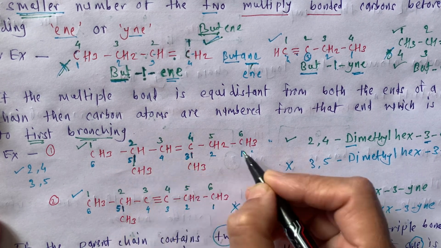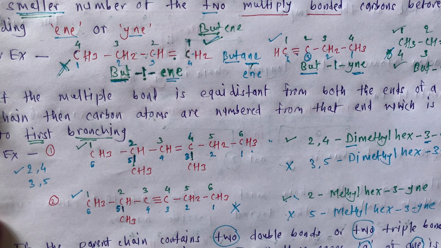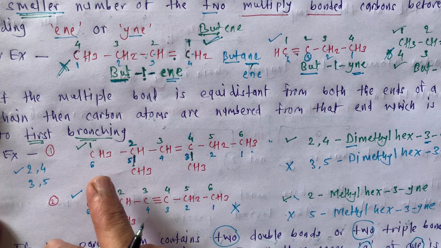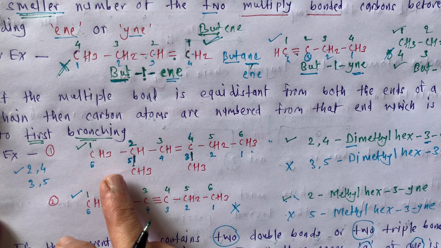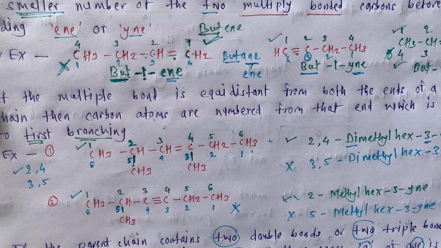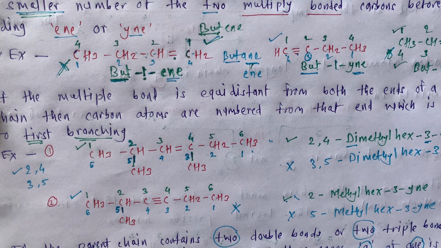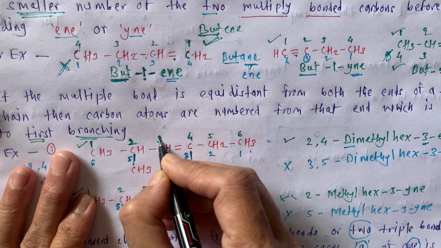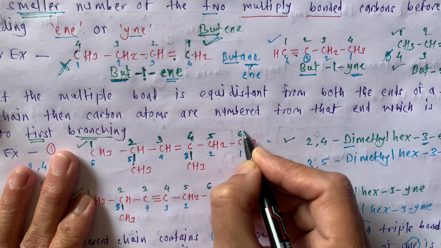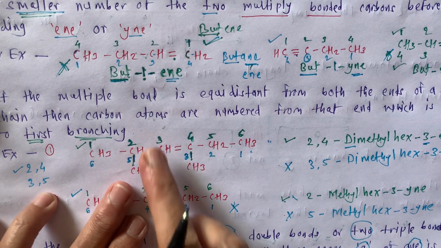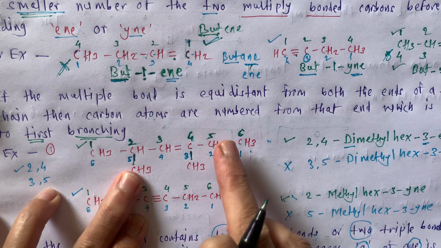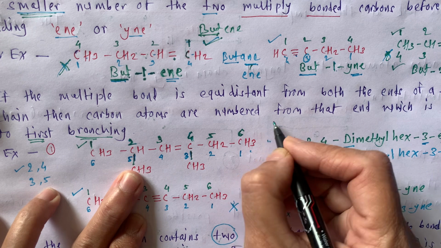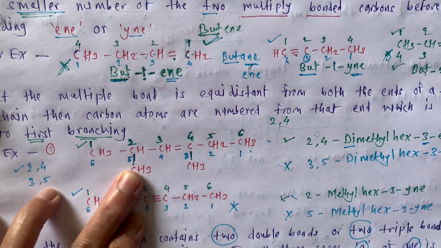Now you have to think about which way you can give the number that will be the lowest number. If I start from the left end, this is 1, 2, 3, 4, 5, 6. So on the second carbon there is a methyl group. Similarly on the fourth carbon there is a methyl group. So the set of locants is 2 and 4.